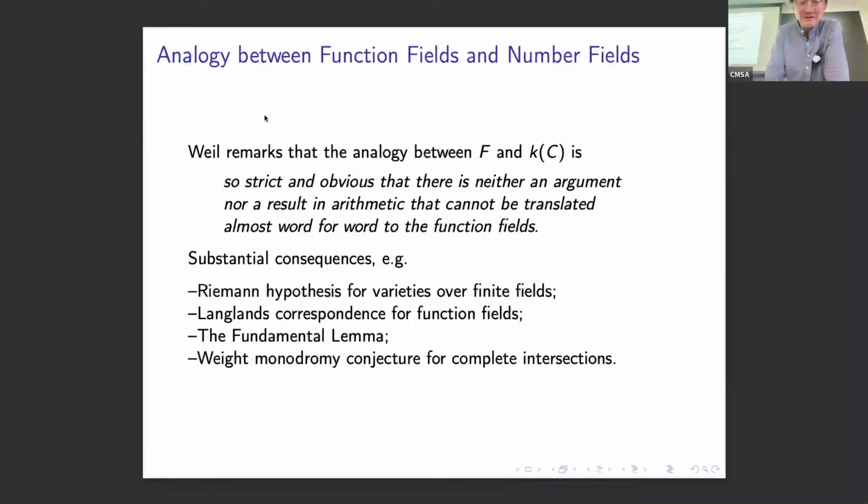Then things like Peter Scholze's proof of the weight monodromy conjecture for complete intersection varieties. This also takes a result in function fields and translates it over somehow to the completion. This is Scholze's famous theorem.